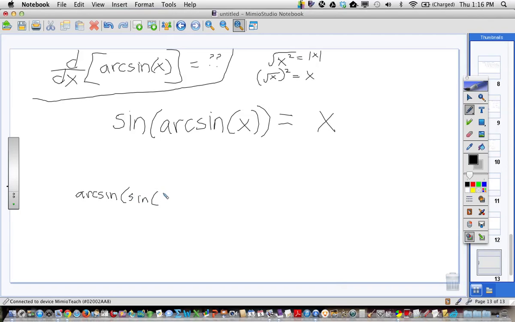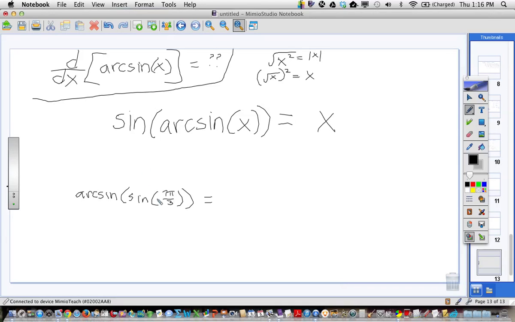Let's do 7 pi thirds. What's the sine of 7 pi thirds? Now wait a minute. If there were no domain issues, what should arc sine of sine of 7 pi thirds be? It should be 7 pi thirds, right?